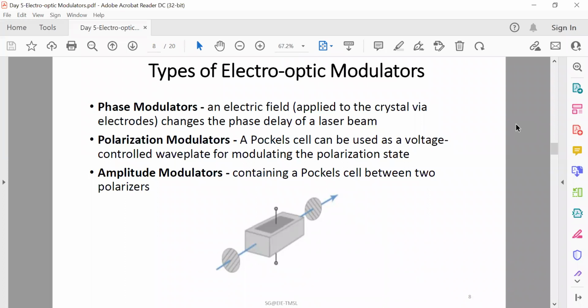In particular, an amplitude modulator is based on a Pockels cell for modifying the polarization state, and an analyzer for subsequently converting this into a change in transmitted optical amplitude as well as power. So these are the functions of different modulators.